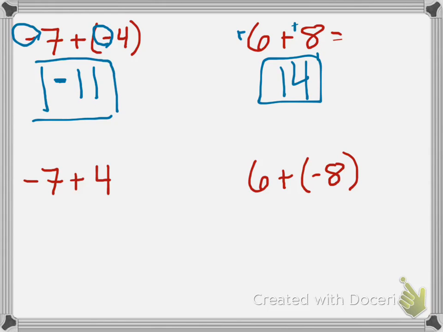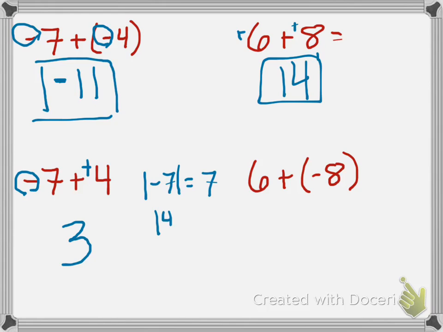Negative 7 plus 4. Negative 7 with a positive 4. Signs are different. Find the difference. So 7 minus 4 is 3. And the sign of the number with the bigger absolute value. So the absolute value of negative 7, the distance of negative 7 to 0, is 7.